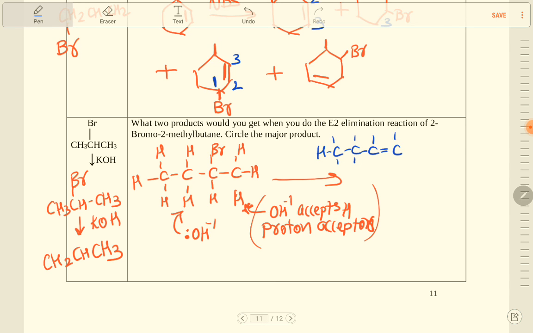C, you guys can, not here, there is no branch here. All right, and you get Br minus, H2O, so it's 2-bromobutane.